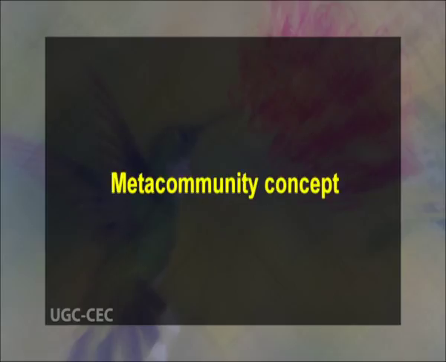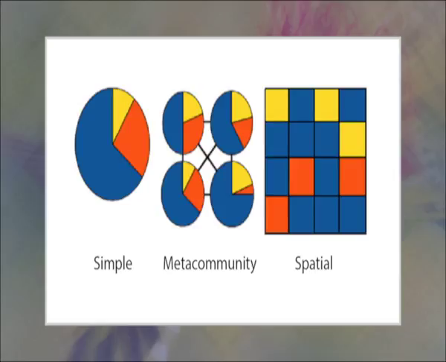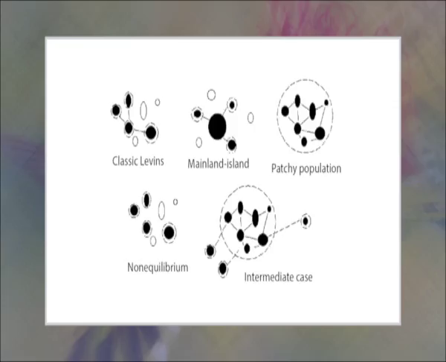Now let us understand the metacommunity concept. An ecological metacommunity is a set of interacting communities which are linked by the dispersal of multiple potentially interacting species. Populations in communities may be naturally patchily distributed due to variation in resources, physical gradients or biological characteristics.